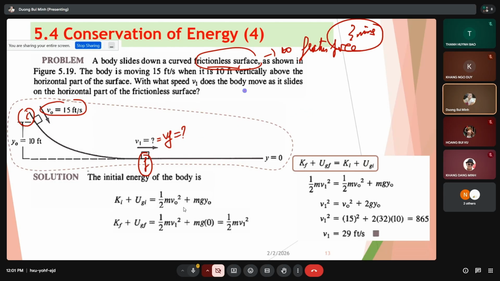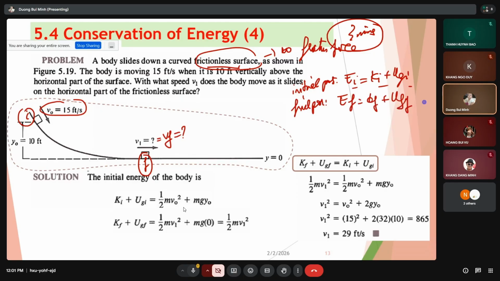At the initial position we have EI, which is KI plus UGI. At the final position we have EF, which is KF plus UGF.